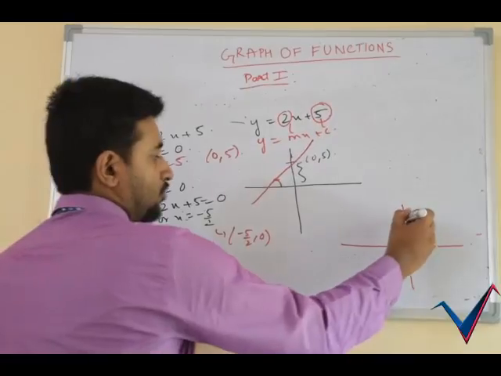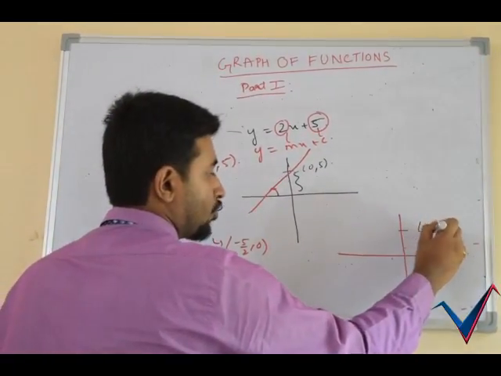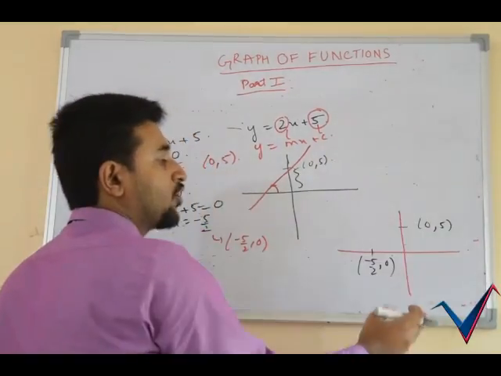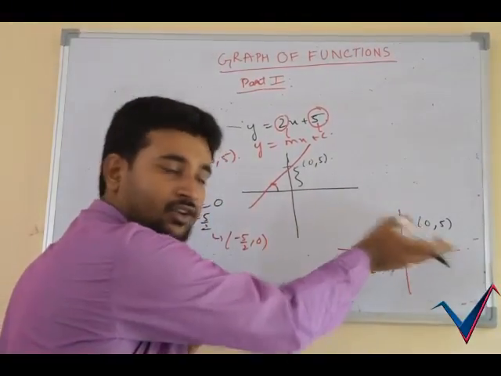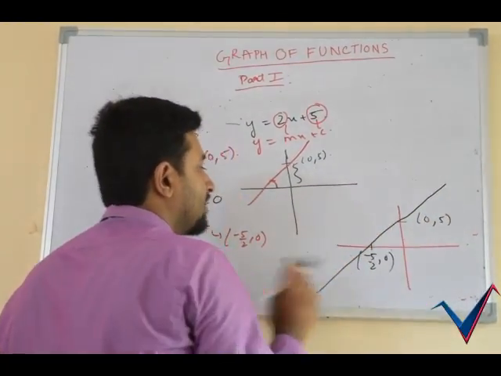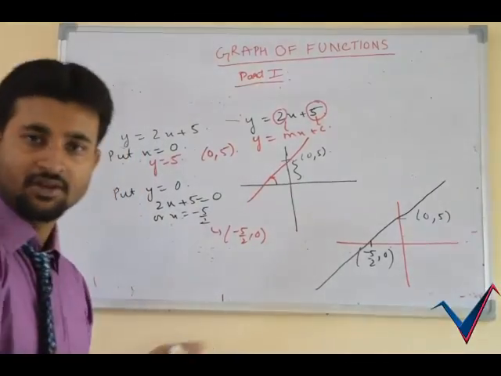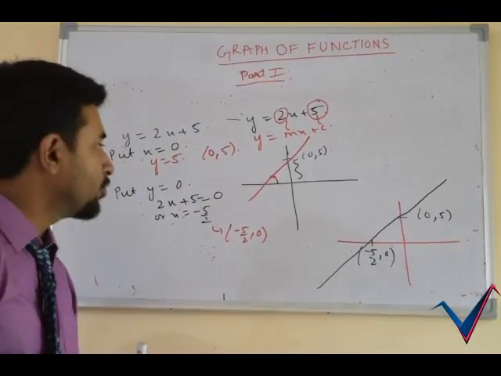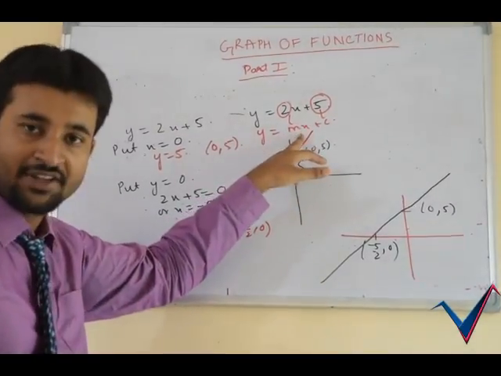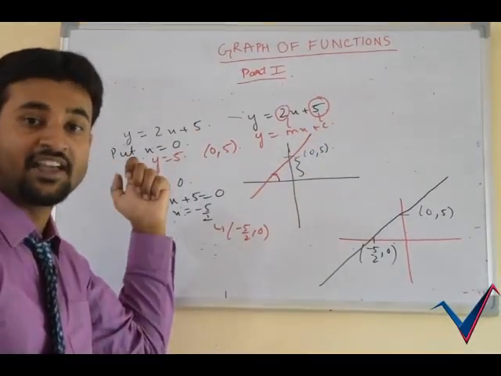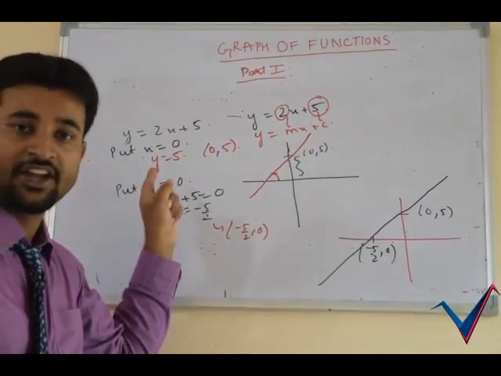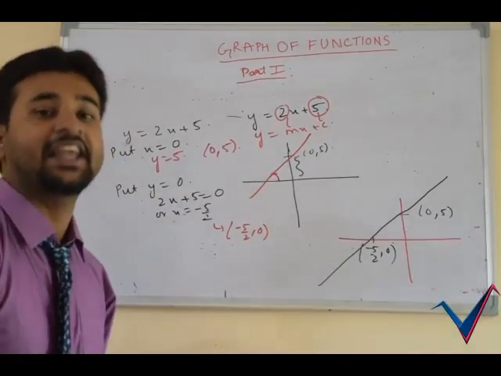The x coordinate is 0 on the y-axis, and the y coordinate is 0 on the x-axis. So the line would look this way. Aren't both graphs similar? Same. So one method considers the form y equal to mx plus c, then the form x by a plus y by b equal to 1, and the third is by putting x equal to 0 and y equal to 0. You can use any of the methods.